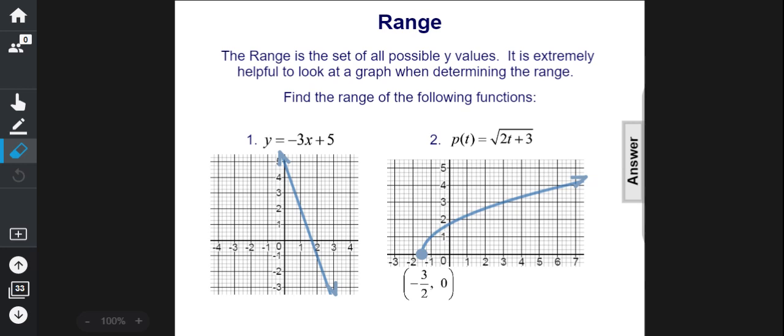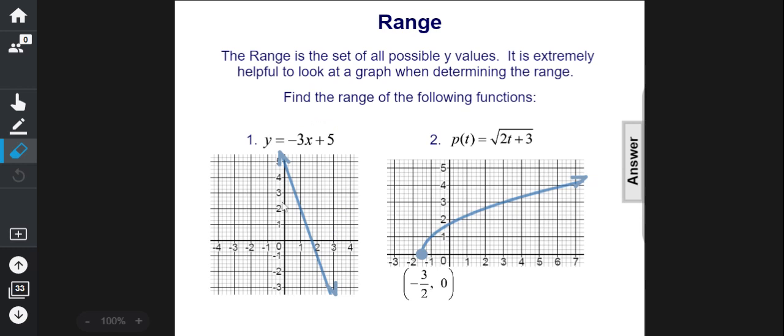So you can look at the graph. Like I said, it's helpful to look at the graph to find the range. If you have y equals negative 3x plus 5, I would graph it, and you can use Desmos or the TI graphing calculator to assist you. You're just going to see what's the lowest possible point on the graph and what's the highest possible point.